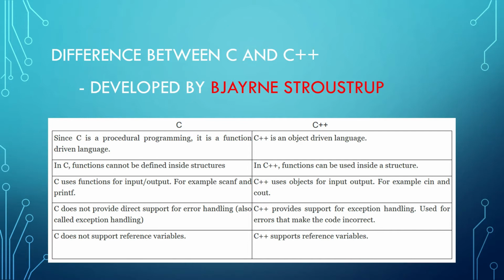When C++ was developed, it was known as C with classes. In 1983, the name was changed to C++. The plus sign specifies that it is an incremented version of the C language. This means that code written in C can also be executed in the C++ environment.